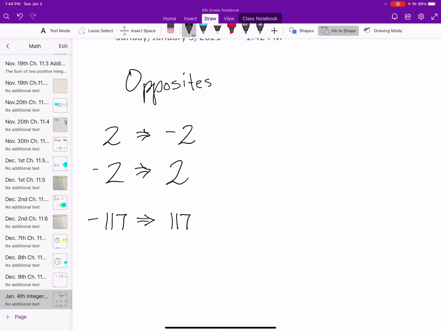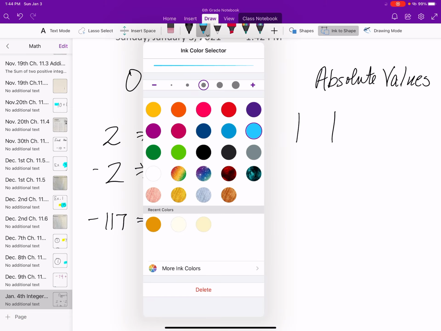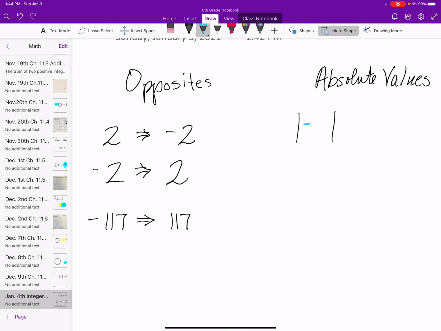Absolute values, on the other hand, have those bars around them. So an absolute value has these bars. If I gave you the number, ooh, that's a very thick marker there, -4, any number inside an absolute value gets turned to a positive.